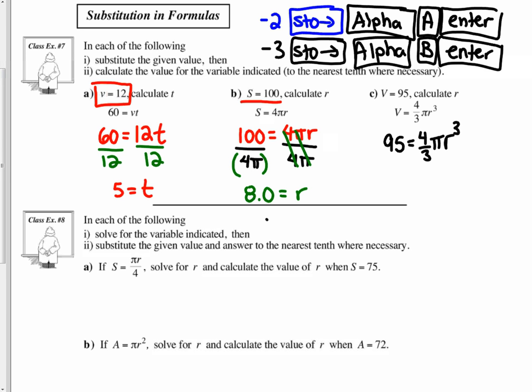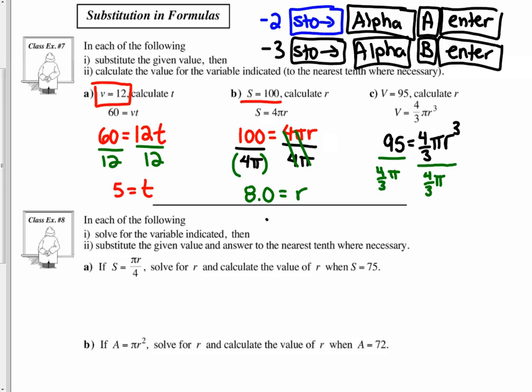Close. Okay, so we first have to isolate r cubed. You can't isolate r before you isolate r cubed. So we're going to divide by 4/3 pi.